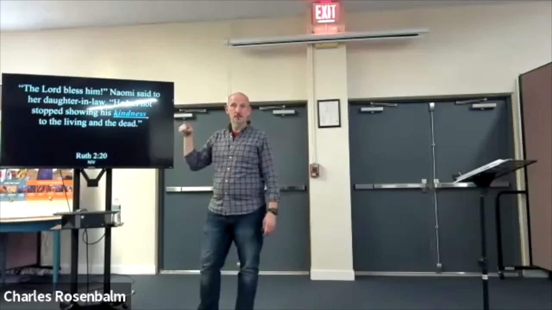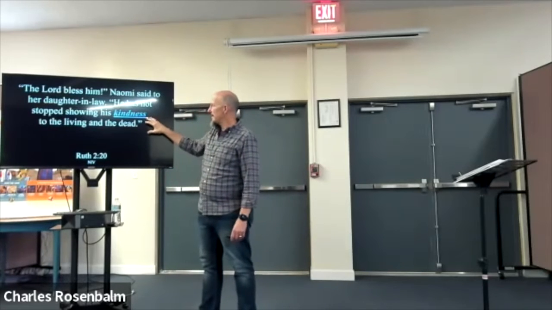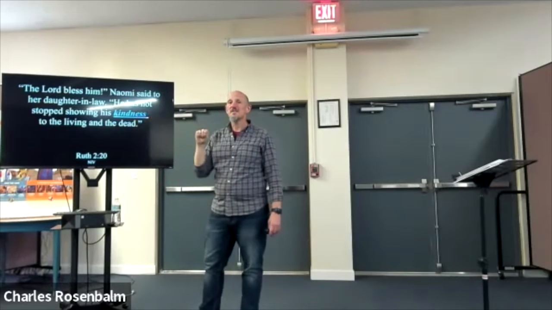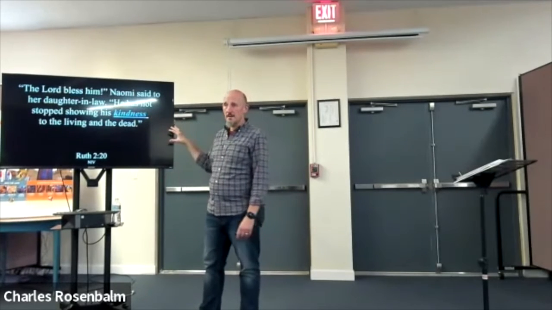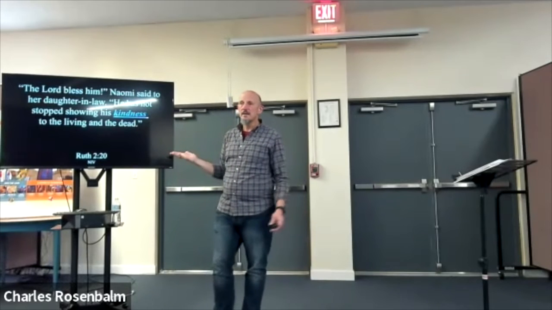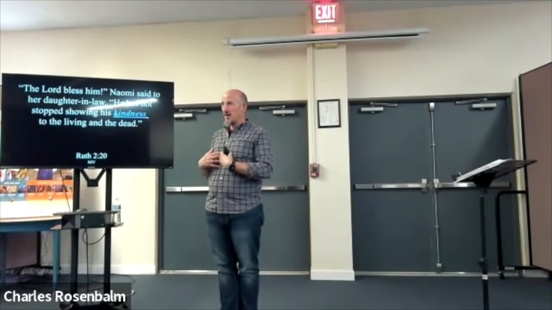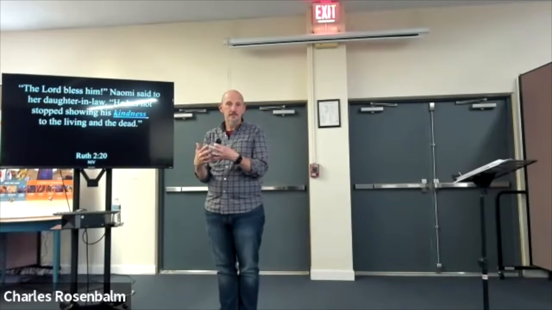Now back to the point Mom made about the closer relative. The reason that part of this is there is because it was costly to do this. It was not like a free thing. It was going to cost Boaz some of his stuff, because what he's going to do is have a child that will not be his, and there'll be a lot of investment in this child. We didn't have to buy Pampers.